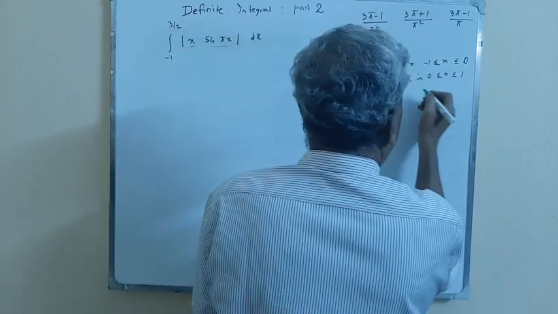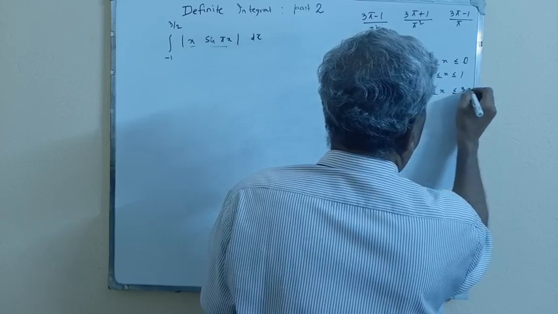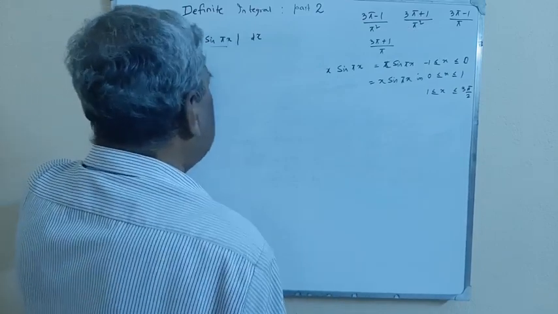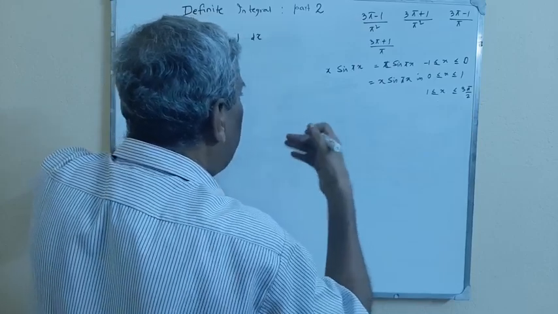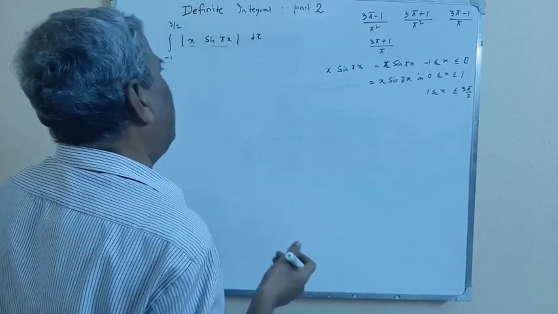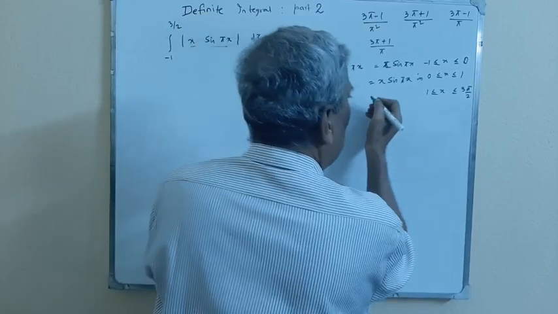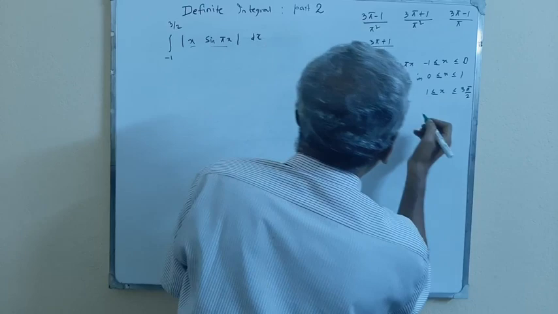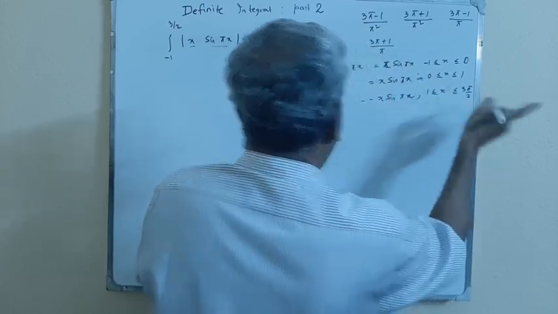Next consider the limit from 1 to 3 pi by 2. In this case, x is positive and sine goes from sine pi to sine 3 pi by 2. It is in the third quadrant, so it is negative, x is positive, and the product is negative. So it will be minus x sine of pi x in that interval.